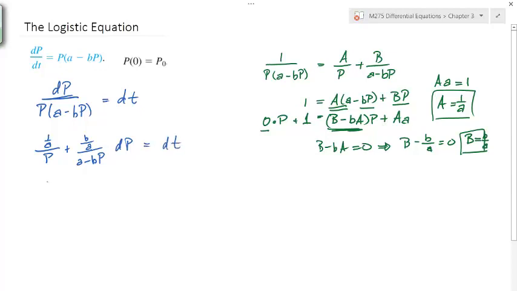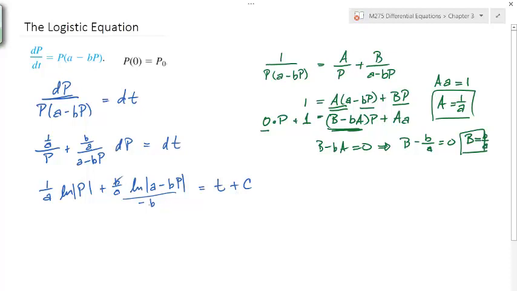We're going to get 1 over a ln of p plus, this is going to be a b over a ln of a minus bp. Now this actually involves a u substitution that would generate a negative 1 over b business. Because of the u substitution, be careful with that. And that'll get rid of our b's here. On the other side, we will get t plus our constant.